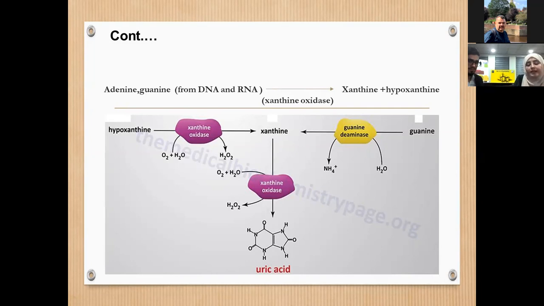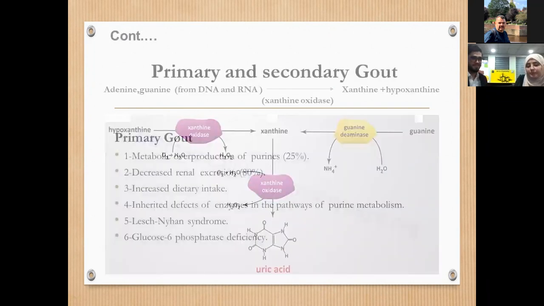Animals don't get gout because they have another enzyme called uricase that is responsible for converting uric acid to another soluble compound. But in our body, we don't have uricase. They use recombinant DNA technology for that enzyme from animals and convert it into the drugs that we use now. Thank you so much, Ruwaida.